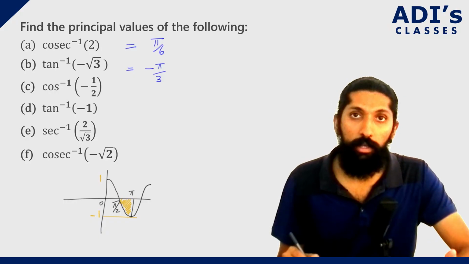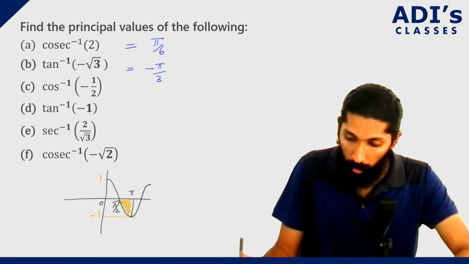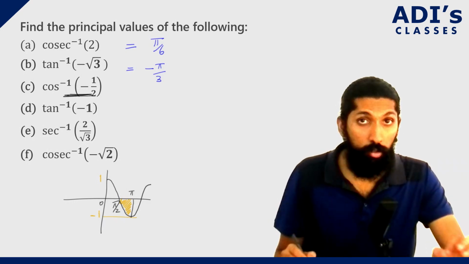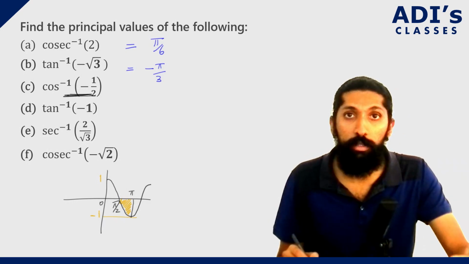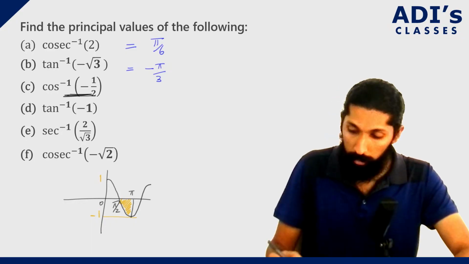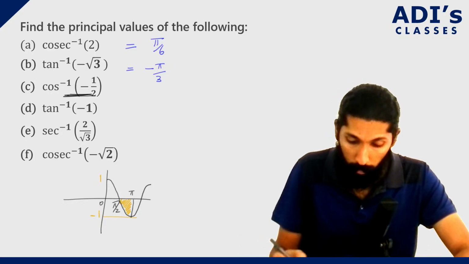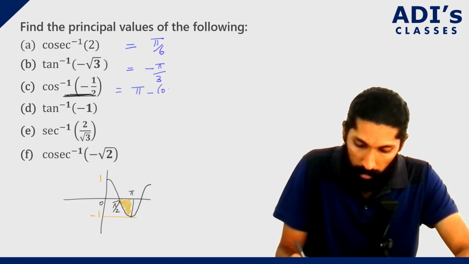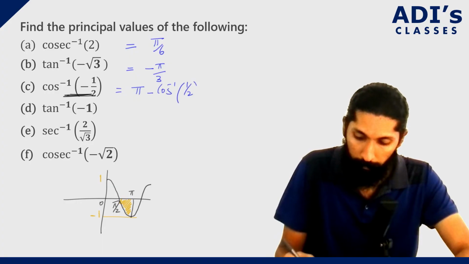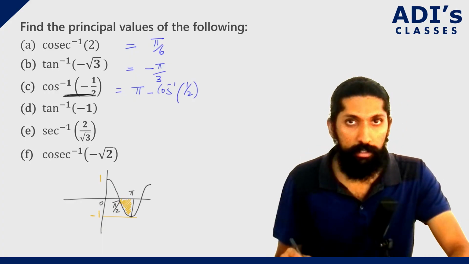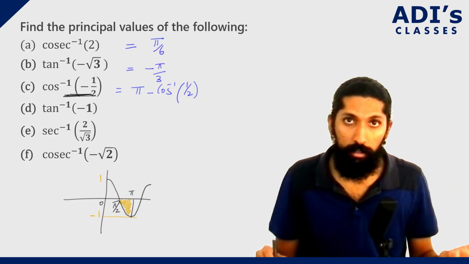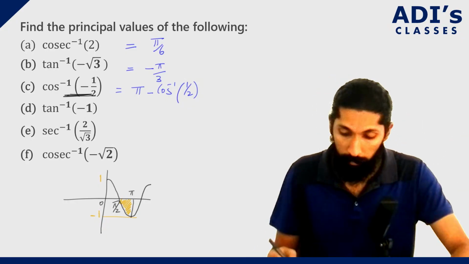Now, what are we looking at? We are looking at cos inverse of negative half. So, negative half, we have to do it in the second quadrant. Since we are doing this in the second quadrant, we write it as pi minus cos inverse of half. Why does the pi minus come? Because pi minus comes in the second quadrant. So, pi minus cos inverse of half.